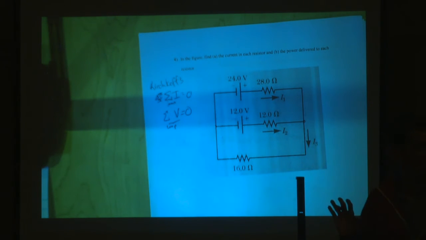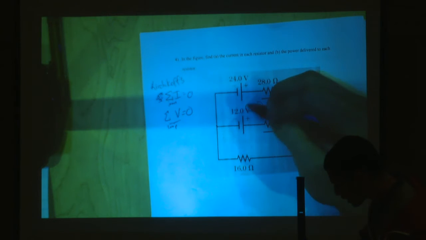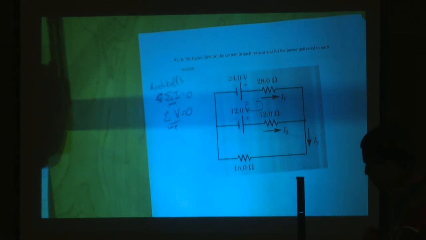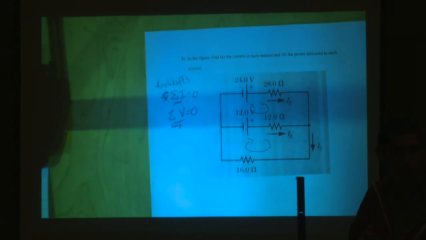3, yeah, we can have 3. We only need to use 2 for our example, because we just need to make 3 equations because we have 3 unknown variables. But essentially our 3 loops, we could have 1 inside, and direction is arbitrary. It's just best to go with the flow of one of the batteries, because then you don't have to deal with negative currents.